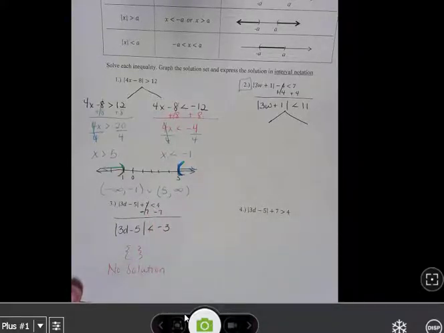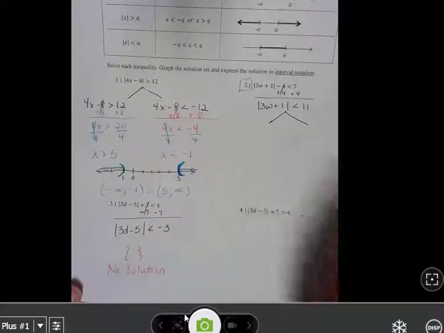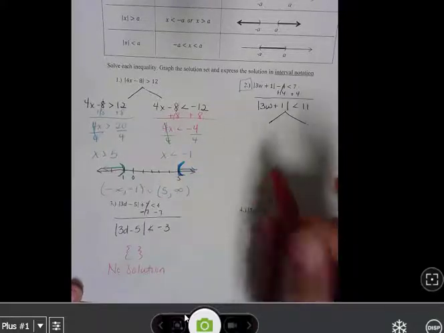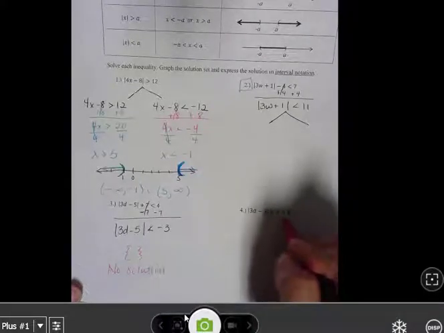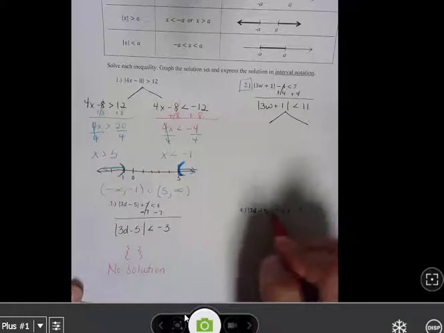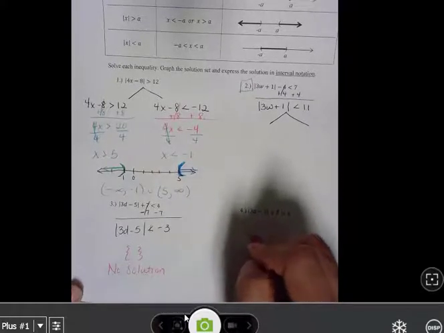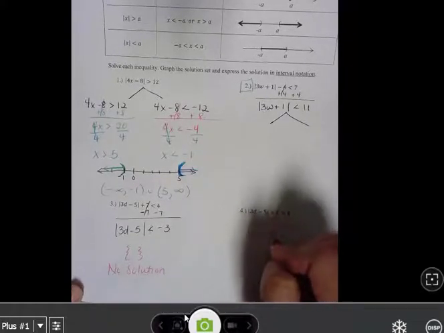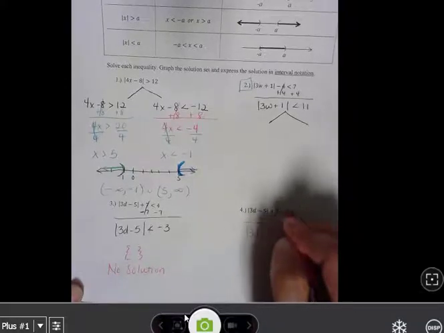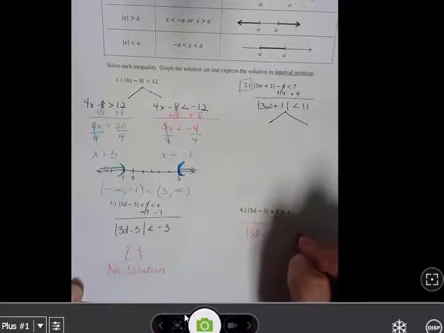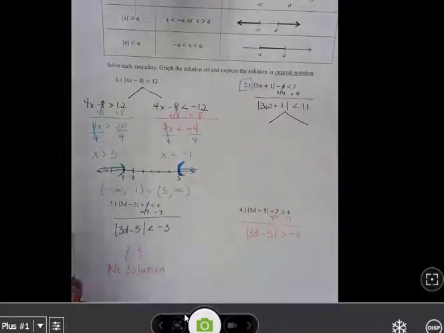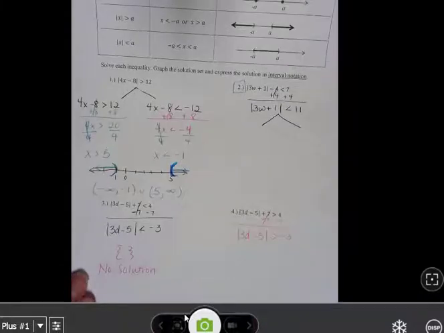If we take a look at this one, it's a similar type of process. We're going to subtract that 7 from each side. This time we have the absolute value of 3d minus 5 is greater than negative 3. In this case, again without doing any derived inequalities, we can answer this with limited work.